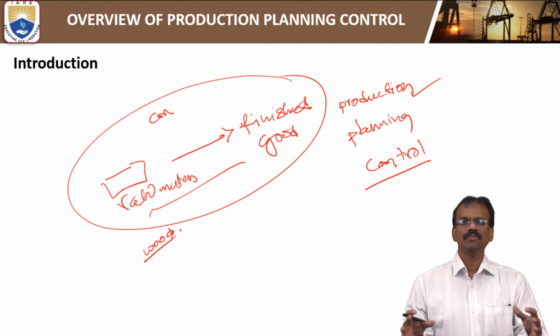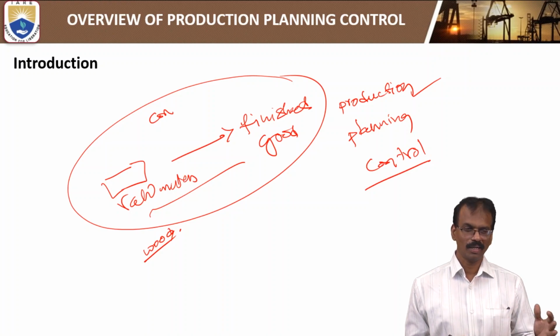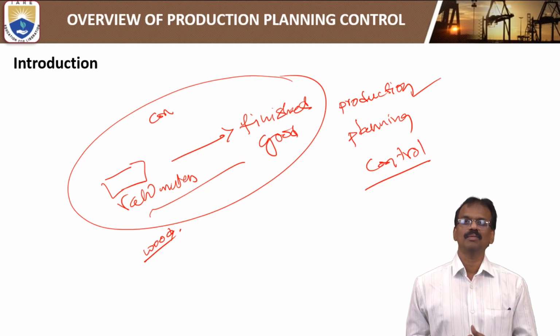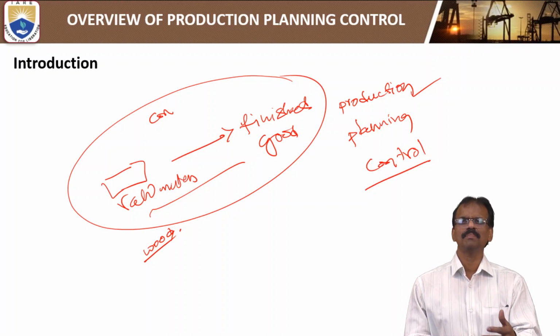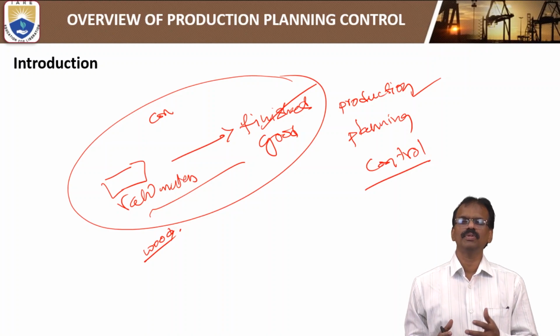We apply different conversion processes on this raw material to get the finished goods, such as cutting of the wood, turning of the wood, chiseling, filing, and polishing of the wood. If you perform some operations on this raw material, finally we get the final goods, that is the chair. So production is the conversion of raw material into finished goods.